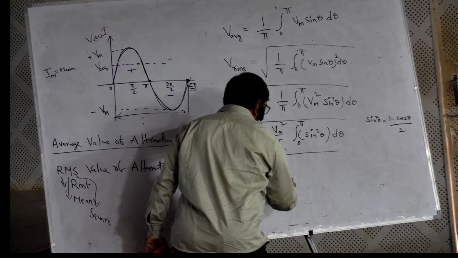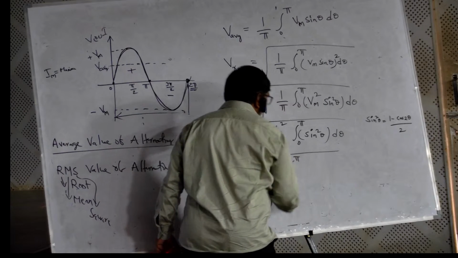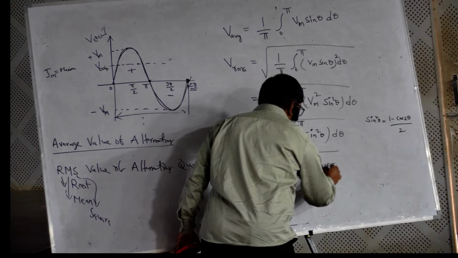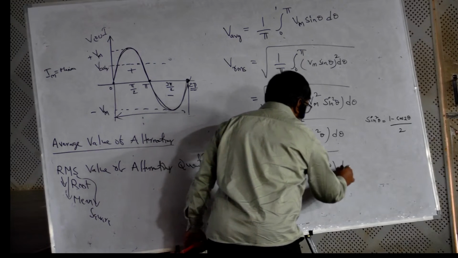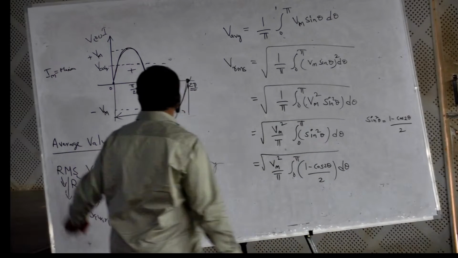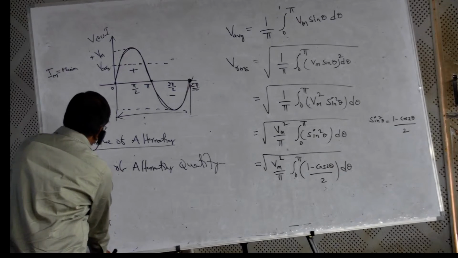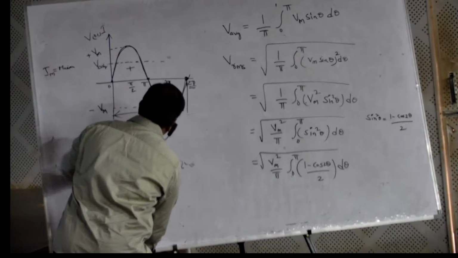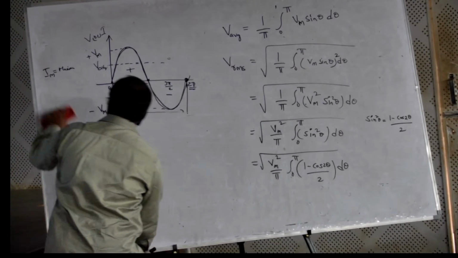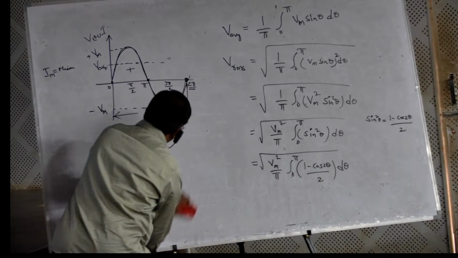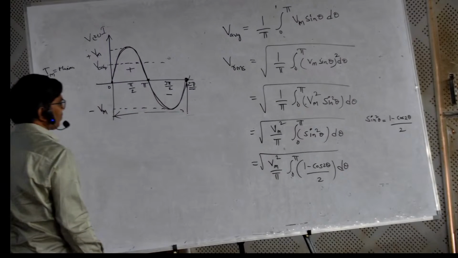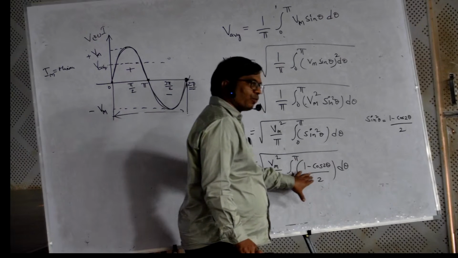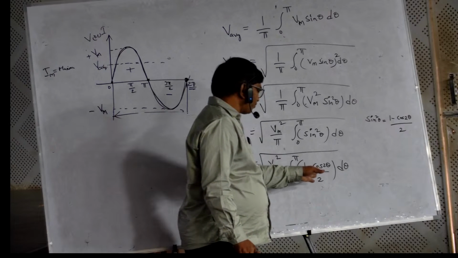Substitute this: root of Vm square by pi integral 0 to pi of 1 minus cos 2 theta by 2 d theta. Now I am separating the 1 by 2 and the minus cos 2 theta.